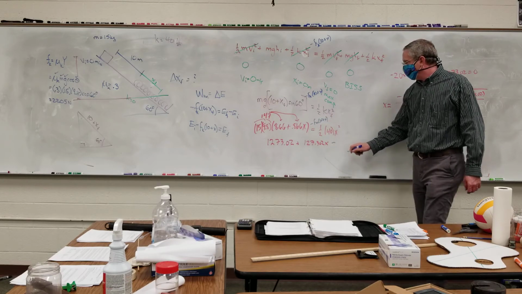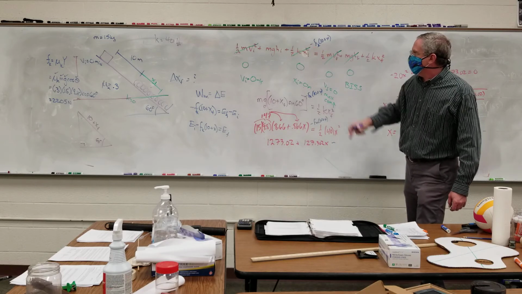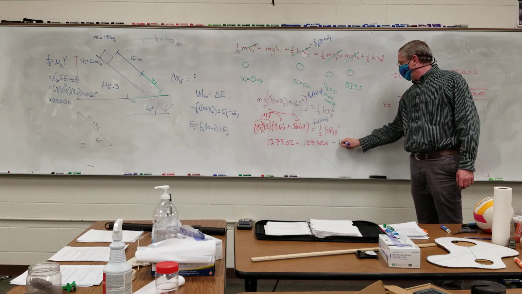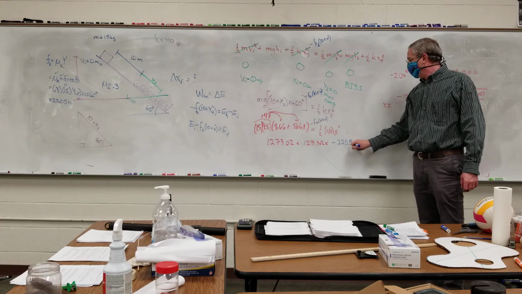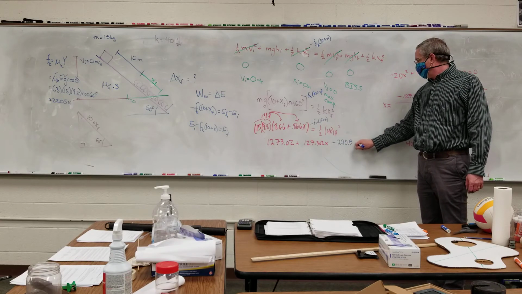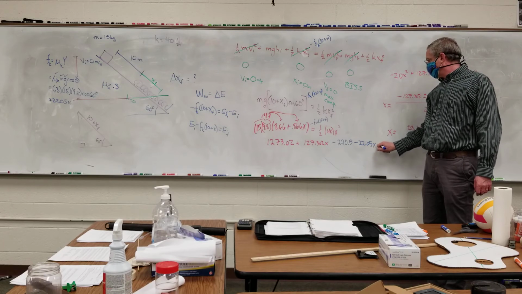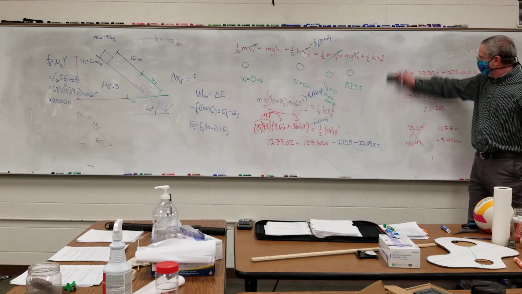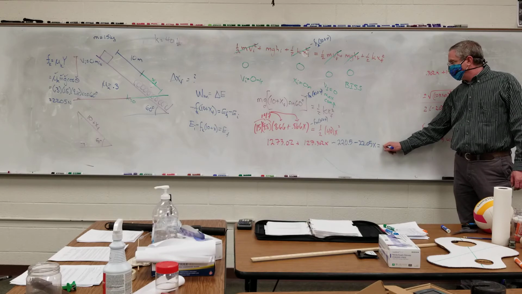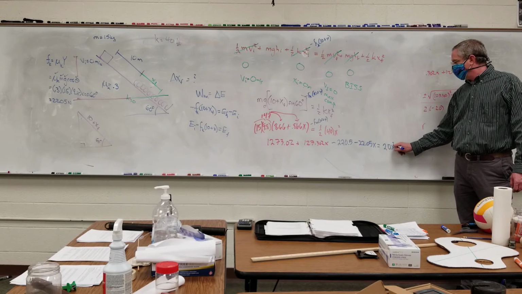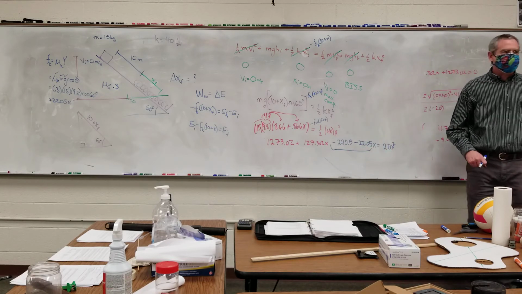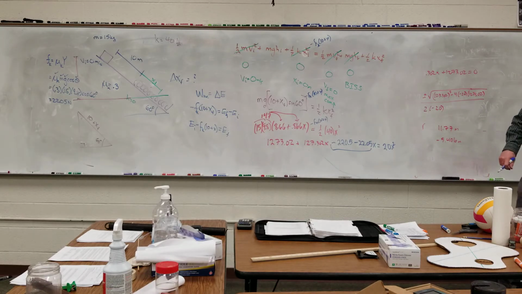So minus 10 times Fk, which is minus 220.5, minus 22.05 times x equals 20x squared. So this is new. This is the contribution of the non-conservative work.